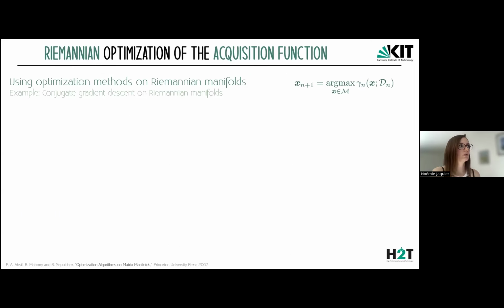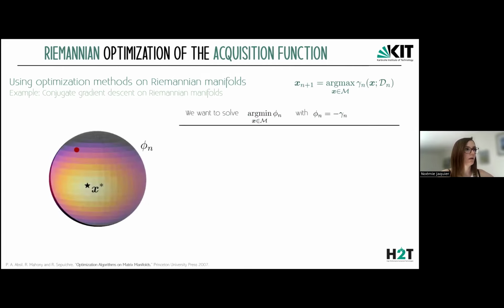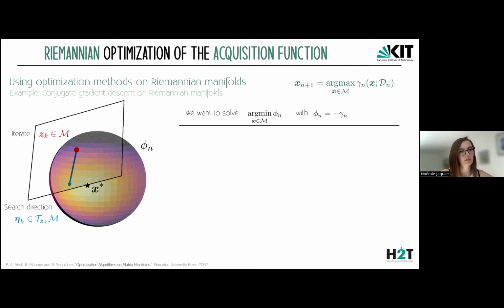To do so, we use optimization methods on Riemannian manifolds. I will show you here the example of the conjugate gradient descent on Riemannian manifolds, but that works with many other algorithms. The idea is that we want to maximize our acquisition function, or equivalently minimize minus our acquisition function. We always start with an iterate on the manifold and with a search direction which lies on the tangent space of our iterate.